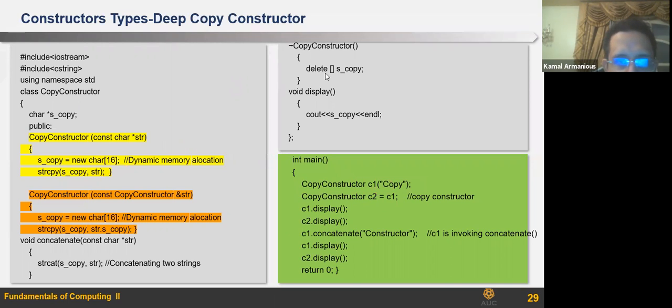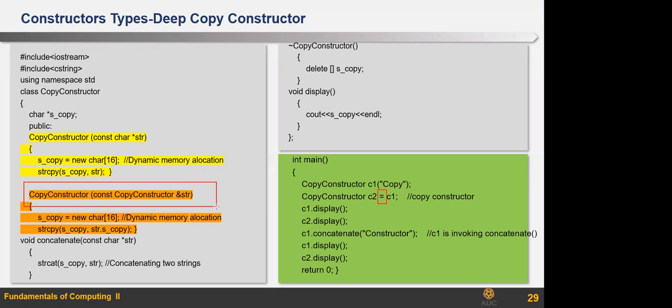Then this will call the second constructor. Where is the second constructor? This one. This is a user-defined constructor.